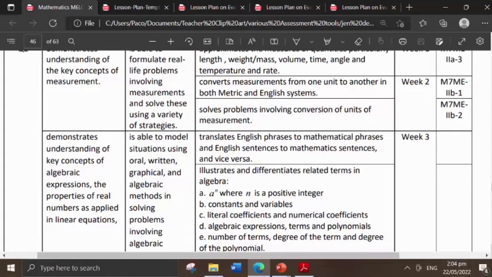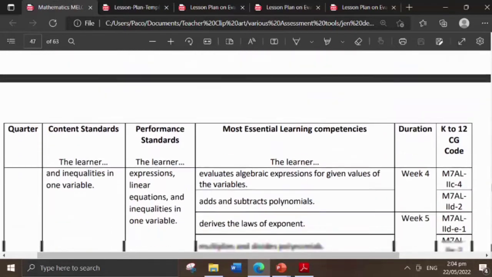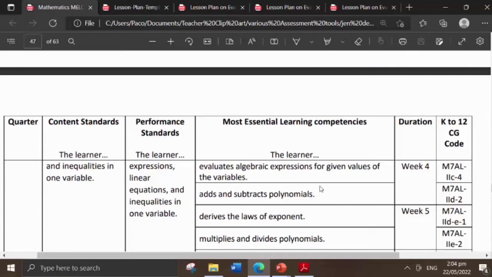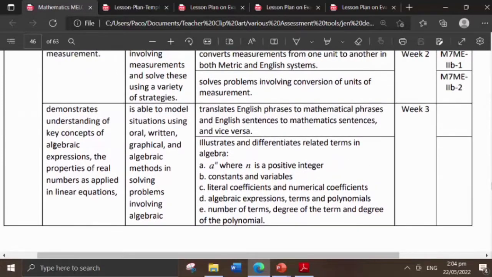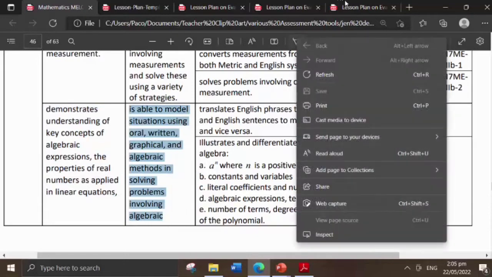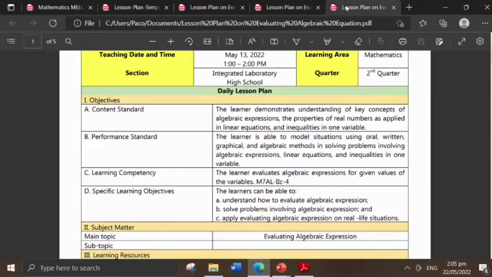For example, my topic is evaluating algebraic expressions. The specific learning competency is evaluates algebraic expressions for given values of the variable, while the content standards and performance standards can be copied from here. So this is the content standards and this is the performance standards that we can see in my detailed lesson plan.